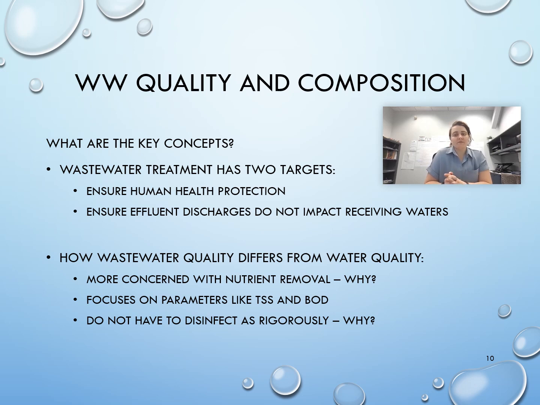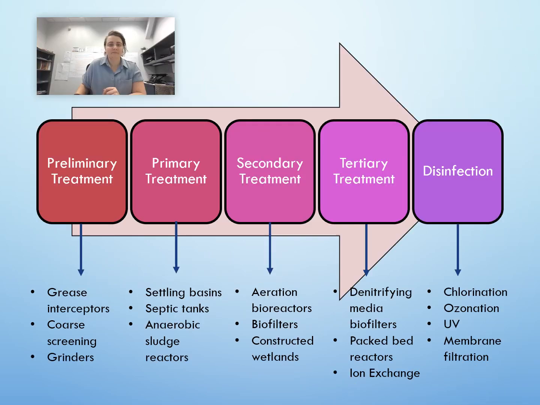Part of the reason for that is because humans are probably not consuming your treated wastewater unless it is a water recycling plant, and then that's a different matter. But we don't have to disinfect as rigorously because receiving waters can stand a little bit of a pathogenic load. And so that's important as well. So you'll notice that when we start to talk, disinfection looks a little bit different when it comes to wastewater.